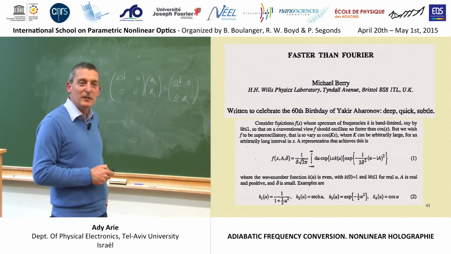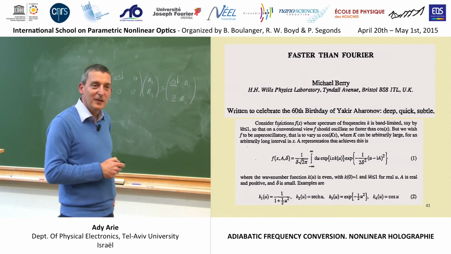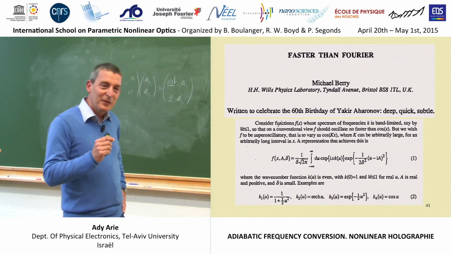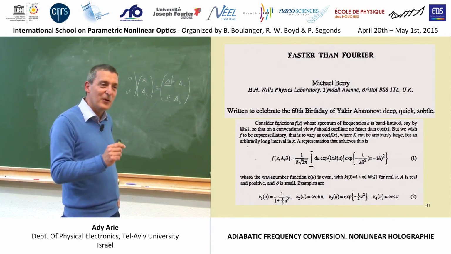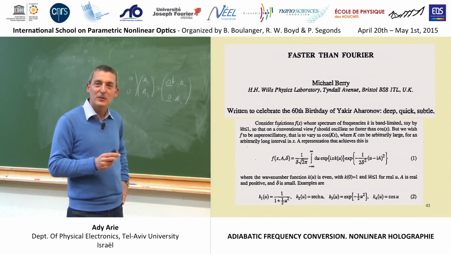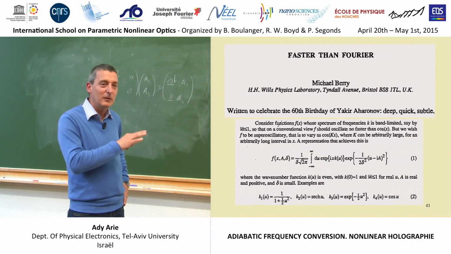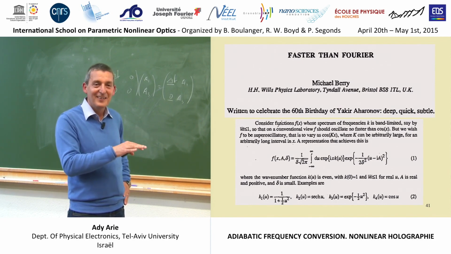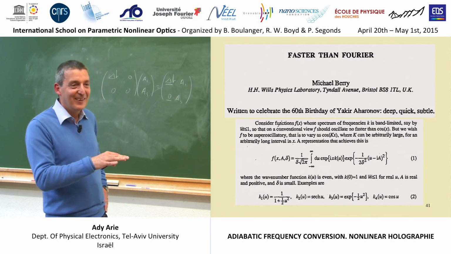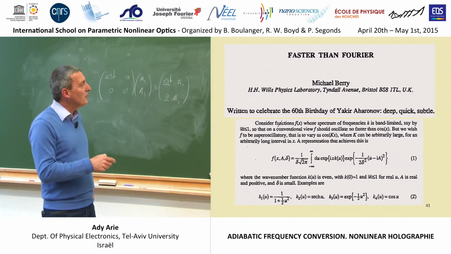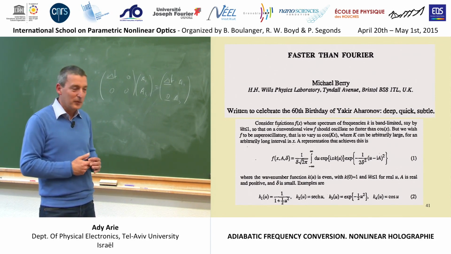Sir Michael Berry has a very good talent to define some phenomena with the right name, which is very important because other people have done similar work before, but they didn't have the right catchy name. Anyway, the idea is: what does it mean, faster than Fourier?